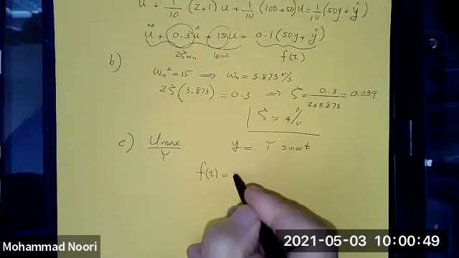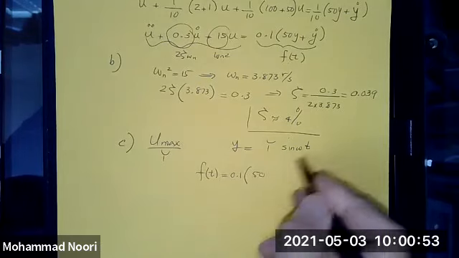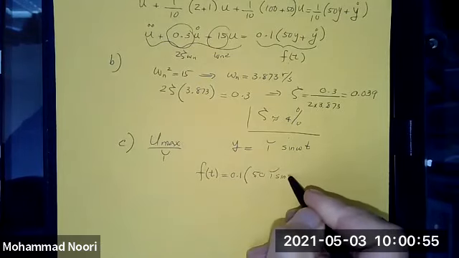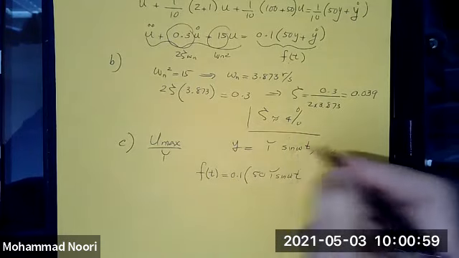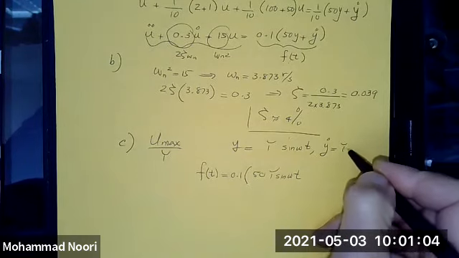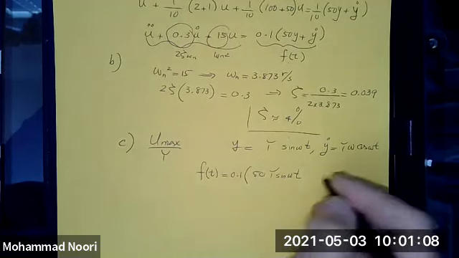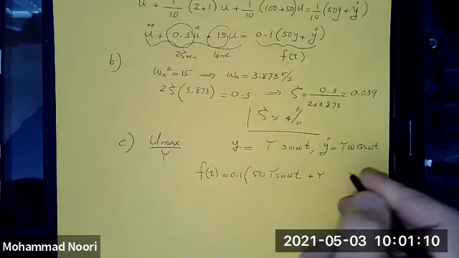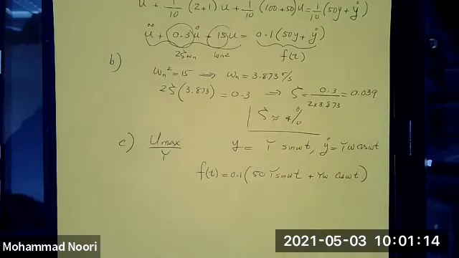F of t is 0.1 times 50 times this, y sine omega t, and y dot, which is obviously the derivative of this. y dot would be y omega cosine omega t, right?